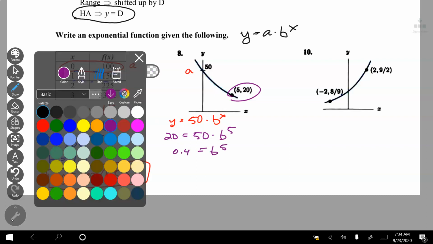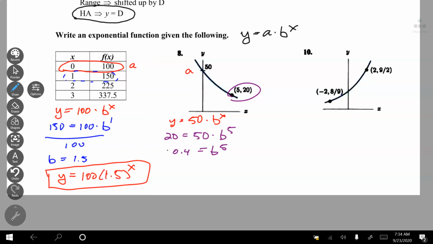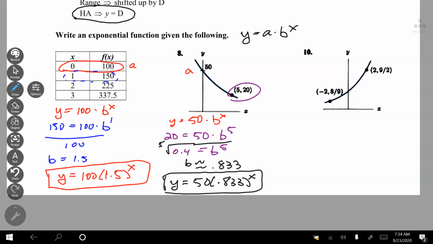And the only way to get rid of the fifth power is doing the fifth root or the 1/5 power. I get b is about this decimal, 0.833, or y equals 50 times 0.833 raised to the x. B is smaller than 1 and the graph is decaying.